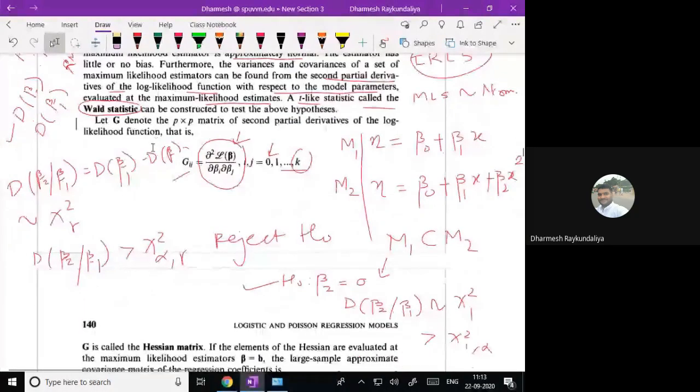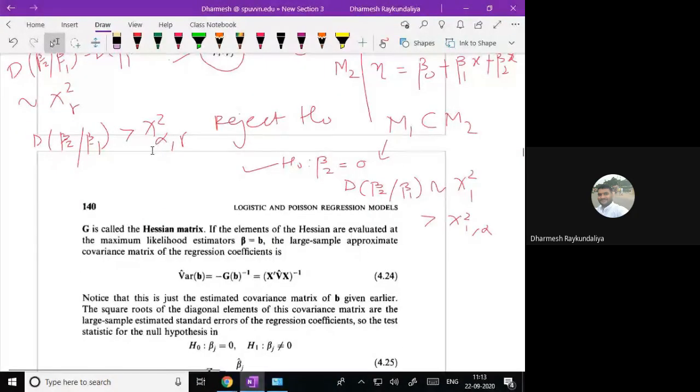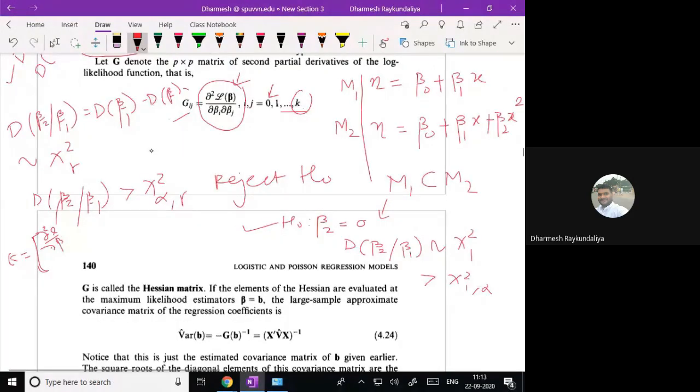Let us say p is equal to k plus 1. Then G denotes the p cross p matrix of second derivatives, and we call it the Hessian matrix. If you remember, we calculated the Hessian matrix for the two-parameter case: del square L by del beta 0 square, del square L by del beta 0 del beta 1, del square L by del beta 1 del beta 0, and del square L by del beta 1 square.